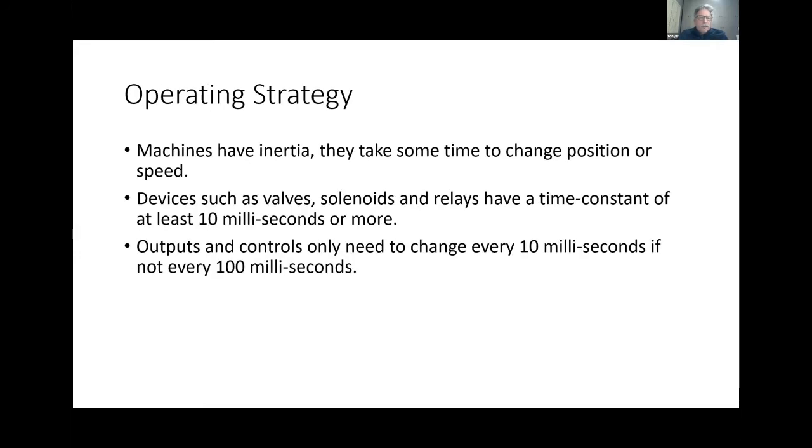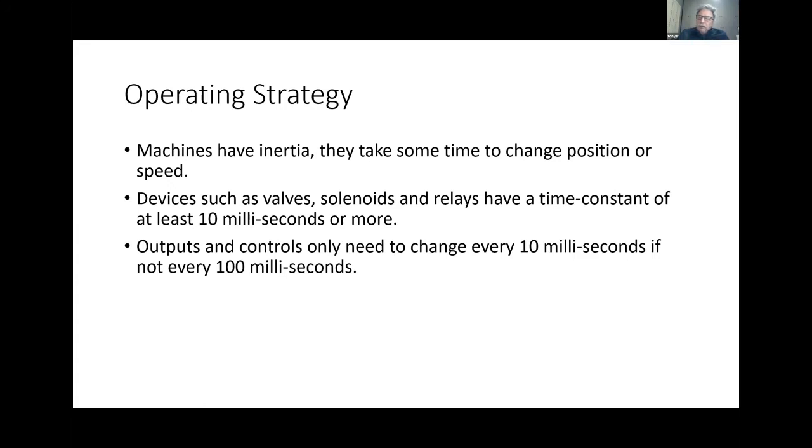So I think the important thing about a machine is it's got inertia. It doesn't change instantly. So even things like valves and solenoids, or even little circuit board relays, they've all got a time constant of something like 10 milliseconds or more. So you can actually use that to your advantage.